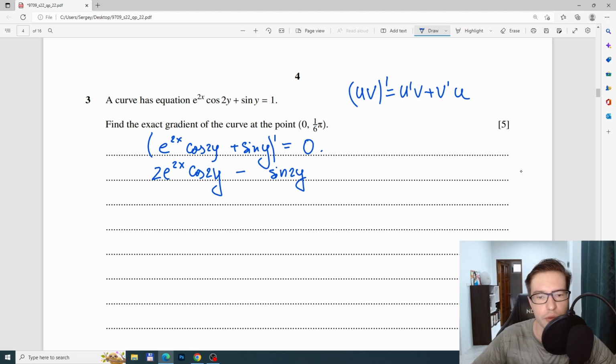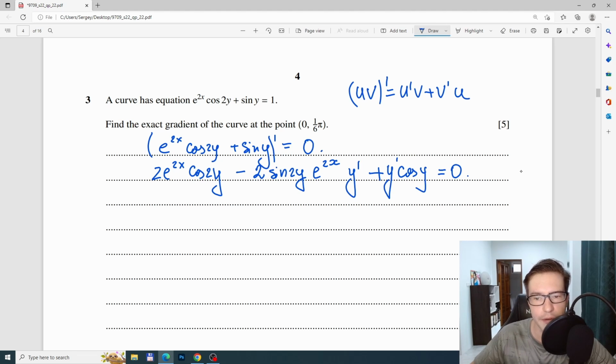Don't forget the chain rule, so it's times 2 times u, which is e to the power of 2x, and don't forget to multiply by y derivative whenever you're differentiating a term with y. That also comes from the chain rule. And next, the derivative of sine y is cosine y, and that equals 0. Don't forget to multiply by y derivative.